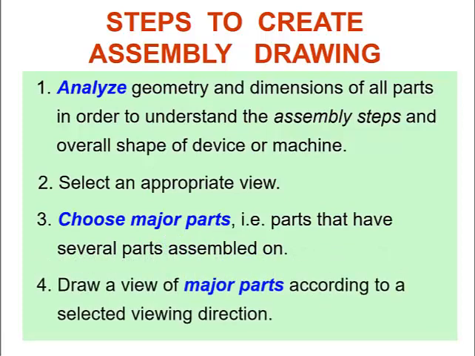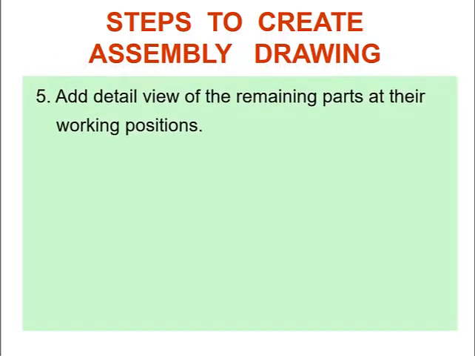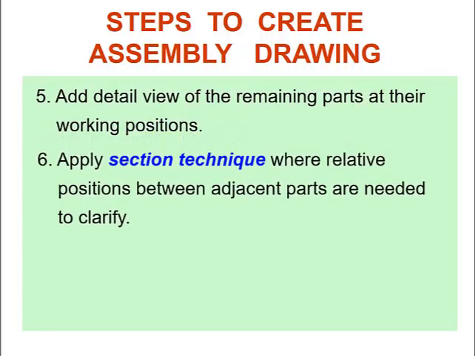Fourth, draw a view of the major parts according to the selected view direction. Fifth, add detailed views of the remaining parts at their working position. Sixth, apply section techniques where relative positions between adjacent parts need to be clarified.